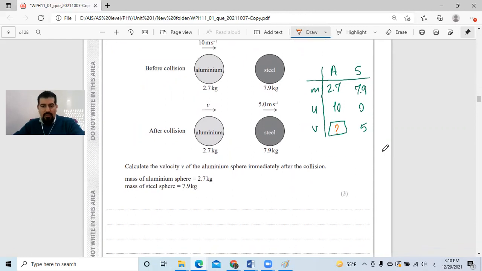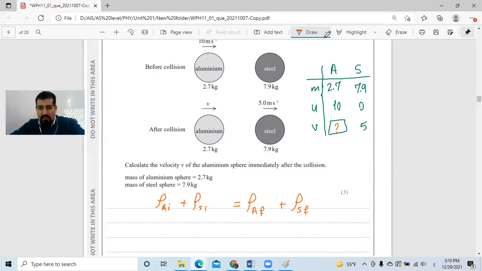Now, what's the formula for this? We know that the total momentum before equals the total momentum after. Thank you, Hamza. So the momentum of aluminum initially plus the momentum of the steel initially equals the momentum of aluminum finally plus the momentum of steel finally.